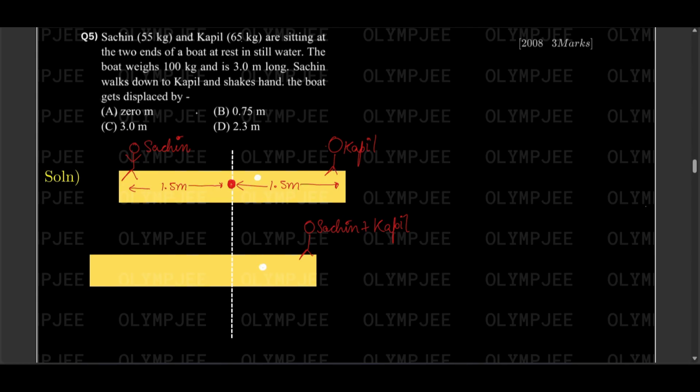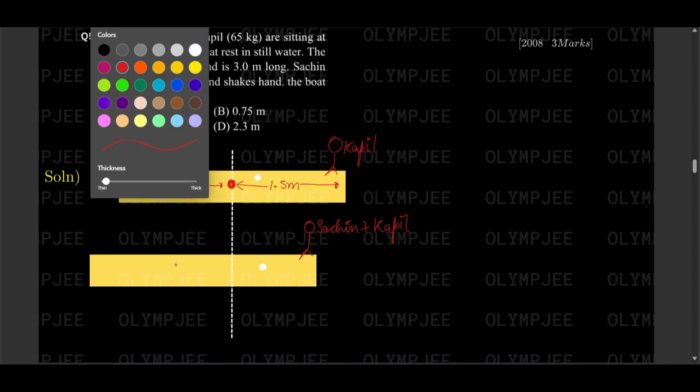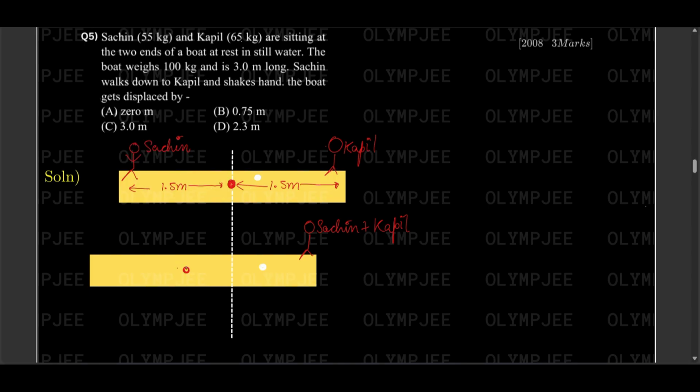So for this, the boat mass must have moved somewhere to the left, right? Because the mass here has increased. Earlier this was 55 kg, this was 65 kg. Now this is 120 kg. So this 100 kg point, which we have assumed to be the boat, has moved somewhere here.